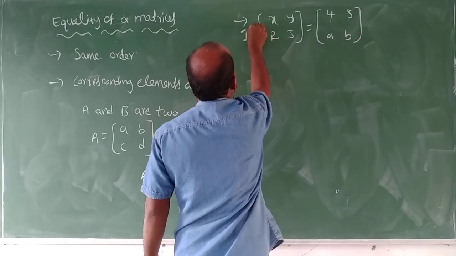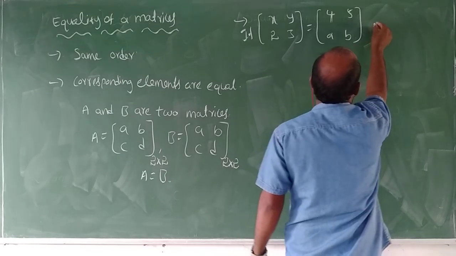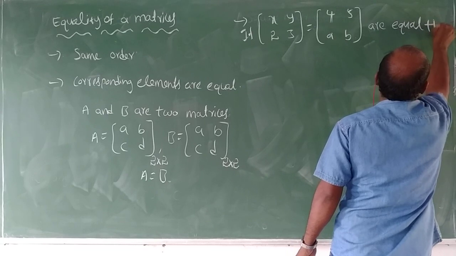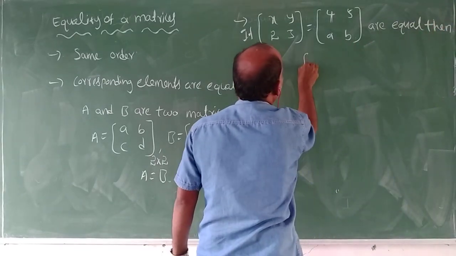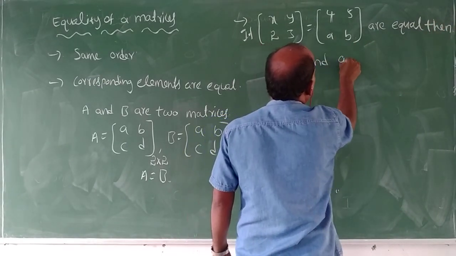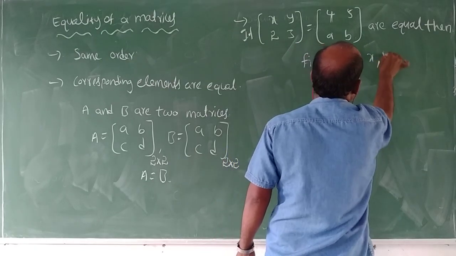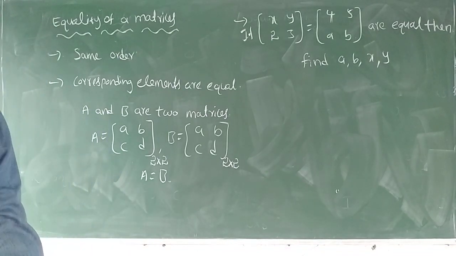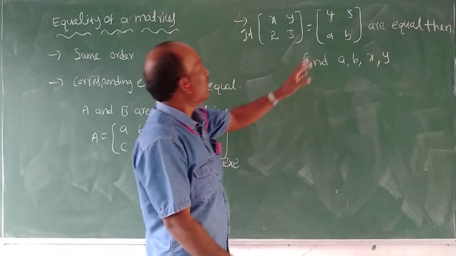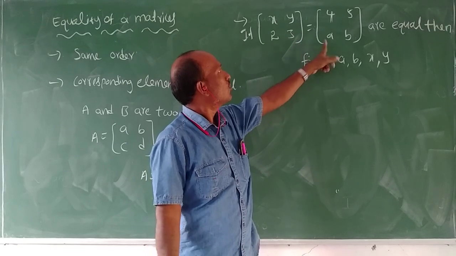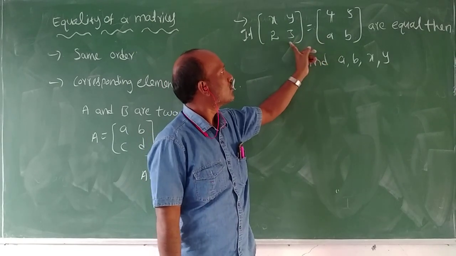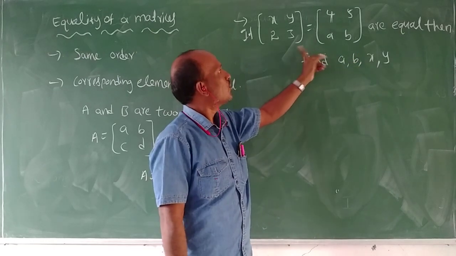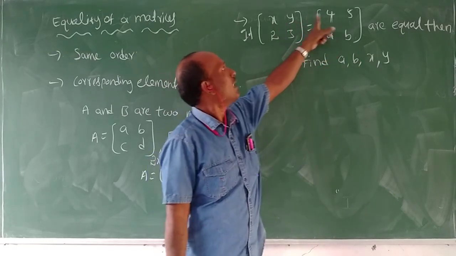If both are equal, then find small a, small b, small x, small y. Both are equal. This is a 2 by 2 matrix and this is also a 2 by 2 matrix. The order is the same, so corresponding elements are equal.